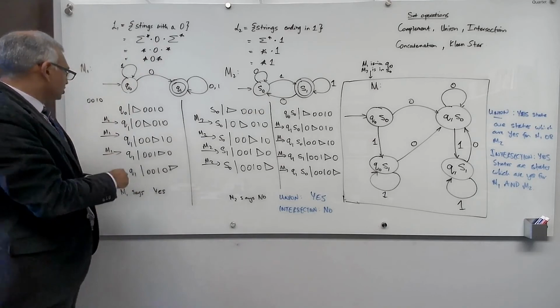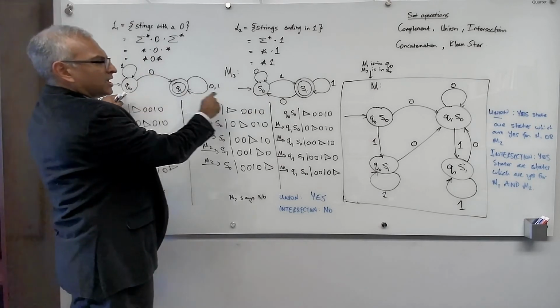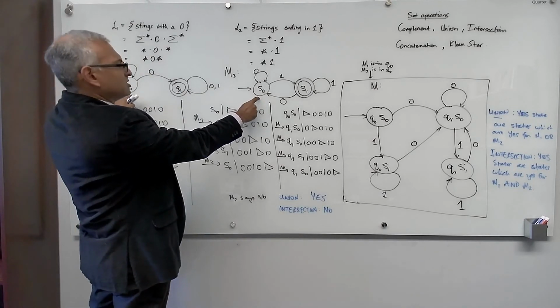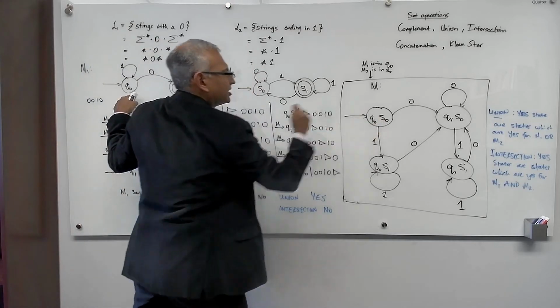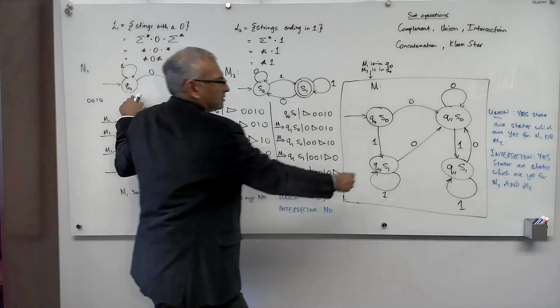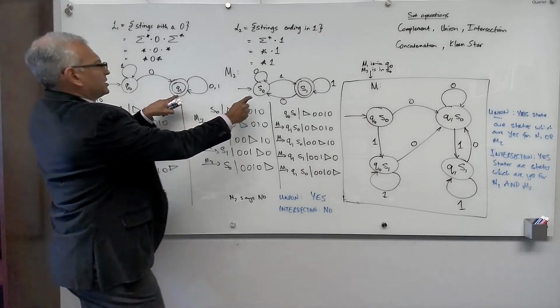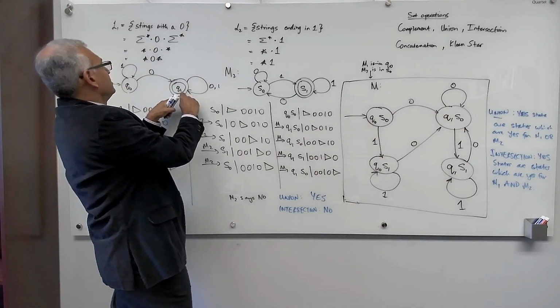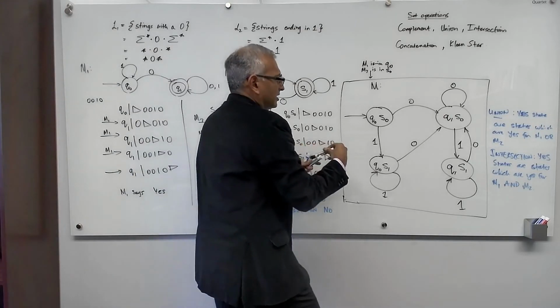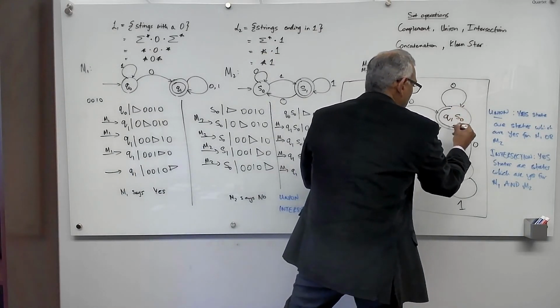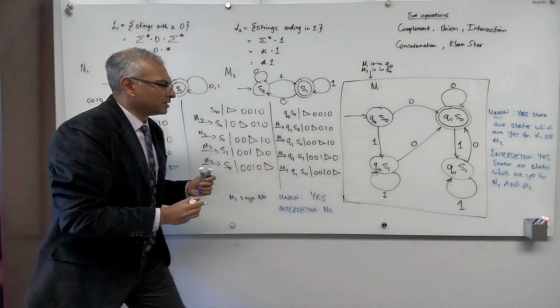So if I want to do the union, Q0, S0, both are no states. So this is a no state. Q1, S0. Well, it's a yes state for M1. So this becomes a yes state if I'm doing the union.